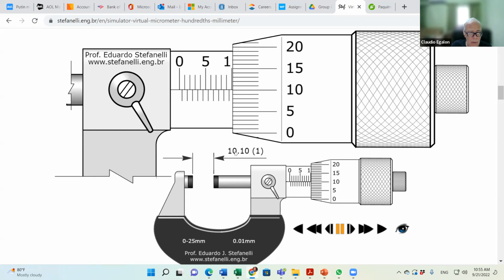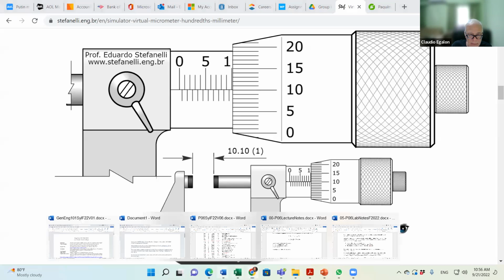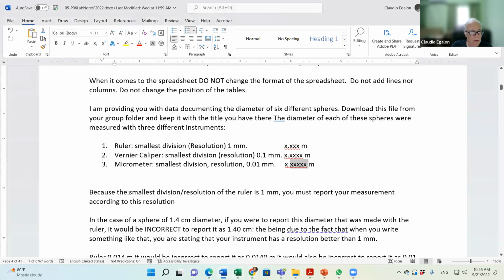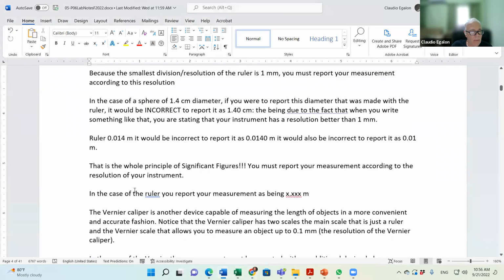We're going to have 1, 2, 3, 4 significant figures. If it's your ruler doing the measurement, you'd be reporting only 2 significant figures for this measurement. If it's the vernier caliper, you'd be reporting only 3 significant figures. So for a given, let's write that down here.